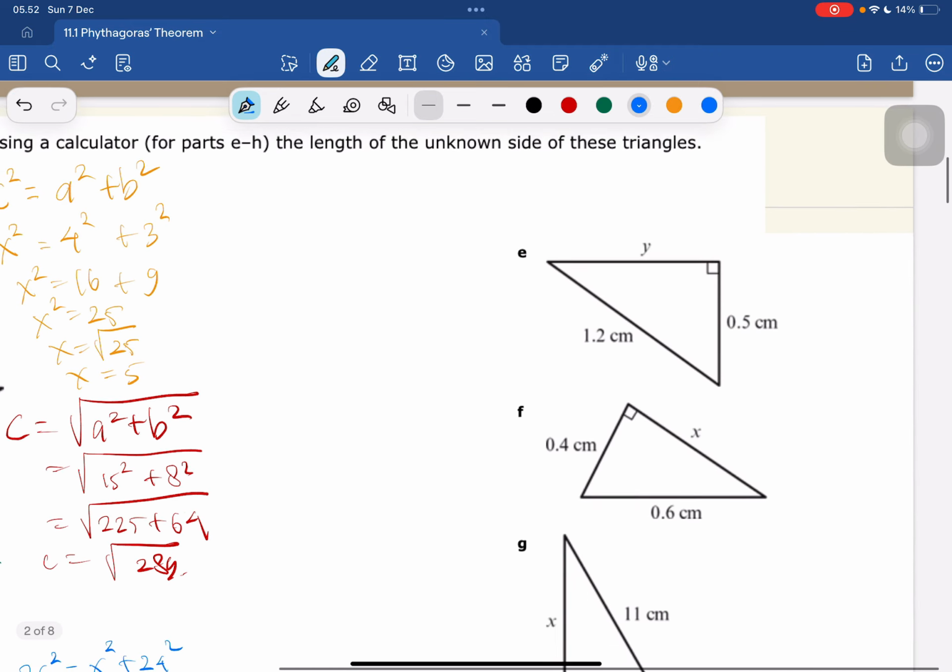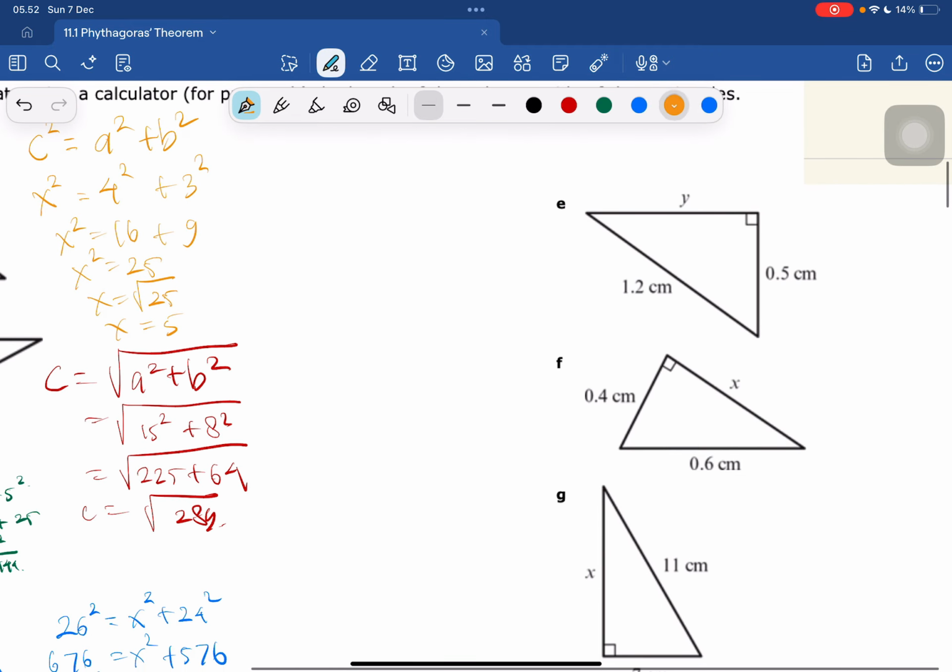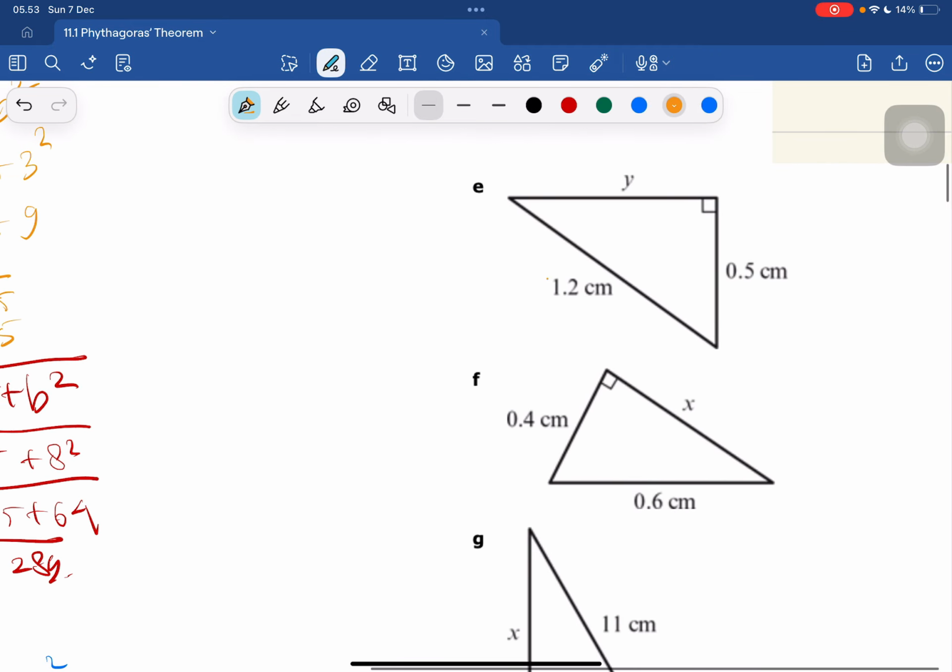Next for E. Let's state the hypotenuse was 1.2. So 1.2 squared equal to y squared plus 0.5 squared. So 0.5 squared is 0.25, and then 1.2 squared is 1.44.